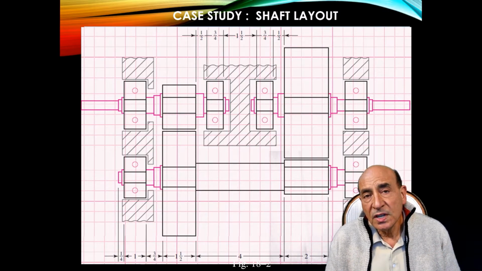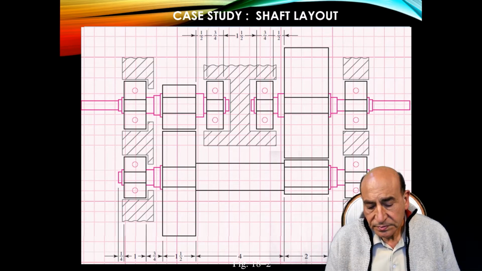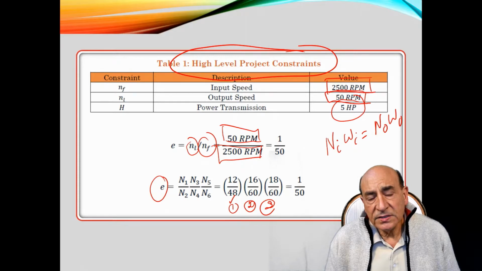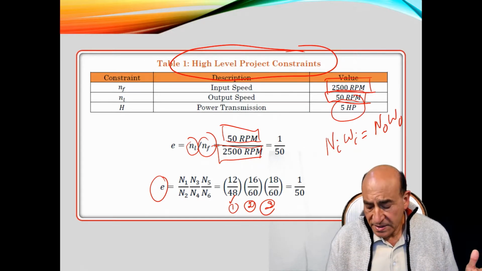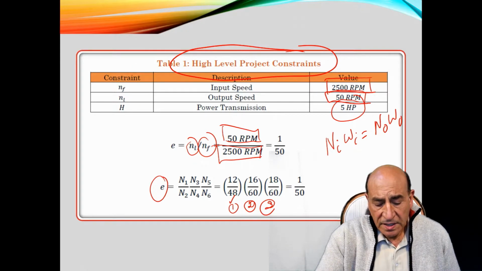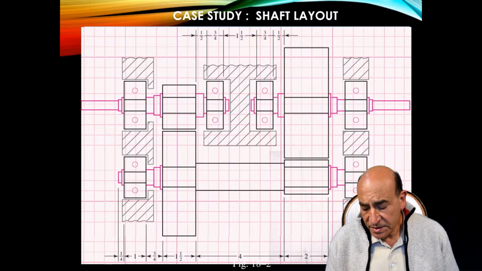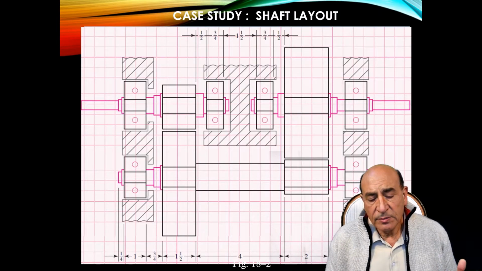We'll go into a lot more detail towards the end of the course to define these gear train ratios. Once we have defined the gear train ratio and the gears, we've found that in this case we have to have 1, 2, 3, 4, 5, 6 gears and maybe a couple of shafts.